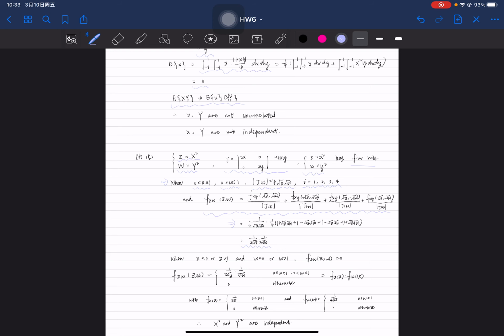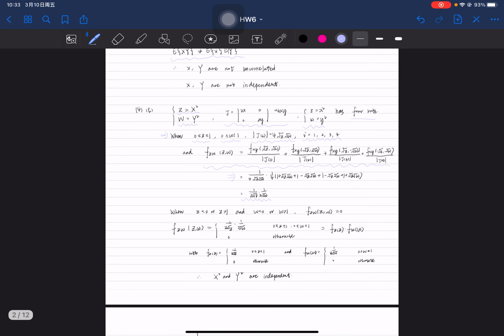When Z is smaller than 0 or larger than 1, or W is smaller than 0 or larger than 1, the joint density function of Z and W equals 0. So we find the joint density function of X squared and Y squared.